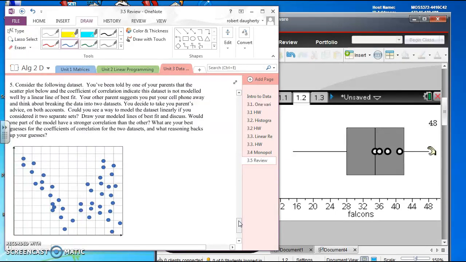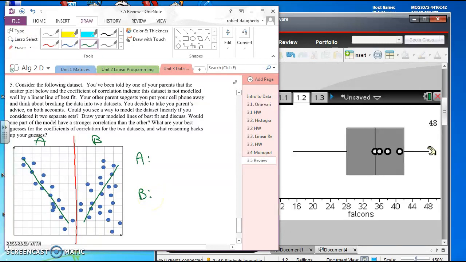So it's pretty obvious if you look at this. If I were to split this data set in 2, it looks like I could model this one with a line that looks like this, and maybe not as well, but perhaps I could model the other data set with a line that maybe looks something like that, okay? We'll just call this part A and part B. You don't have to do that, but just for labeling purposes, which of those is better?